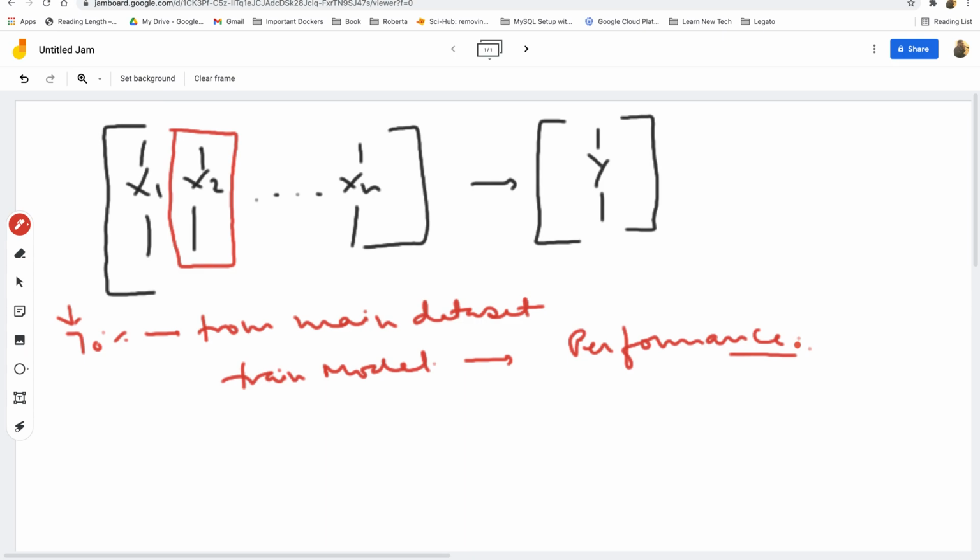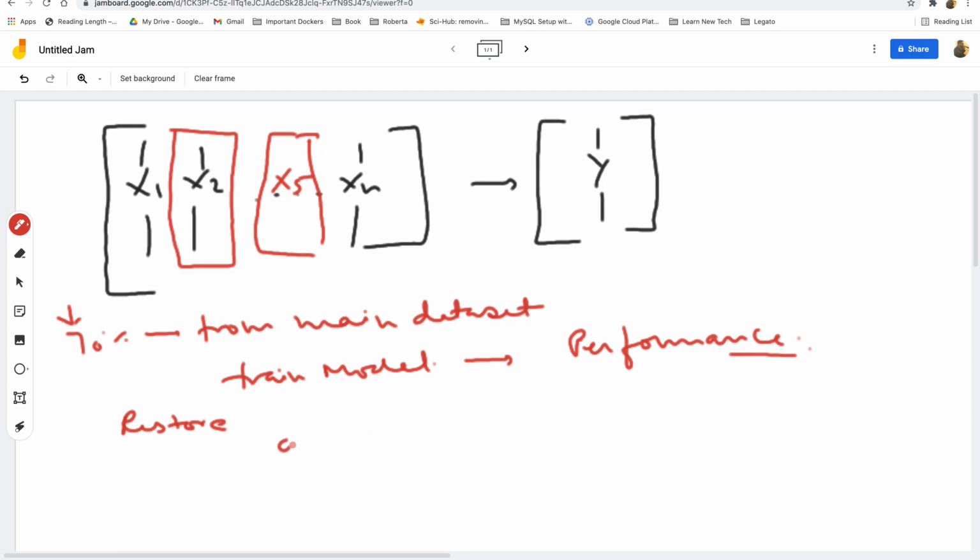If you're talking about a regression problem, we can use root mean square error. Once this is done, we restore, so my original data set is back. Now again I take a column randomly. Suppose I have taken x5 and x5 is shuffled, and then again my performance is checked.